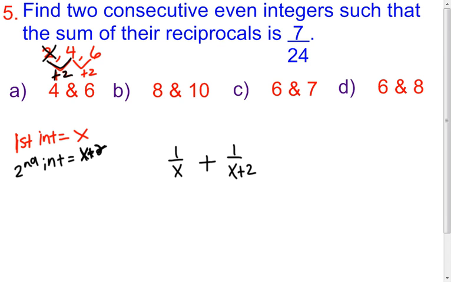So when I add the reciprocal of x and the reciprocal of x plus 2, I get a sum of 7/24. Okay, so I want to make that left side have common denominators, and so I need to multiply this one here by x plus 2.